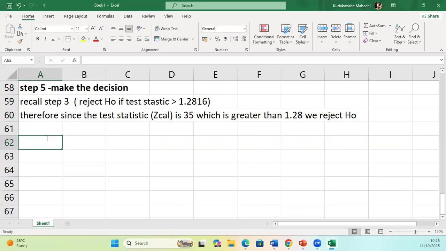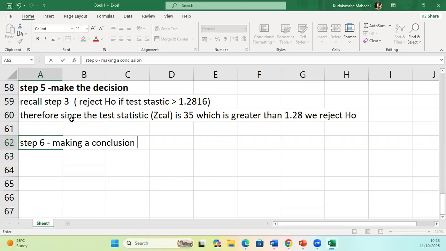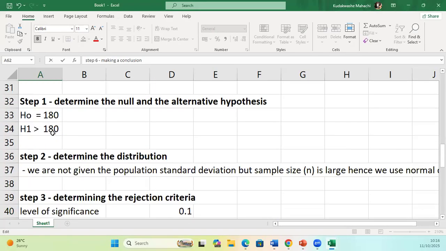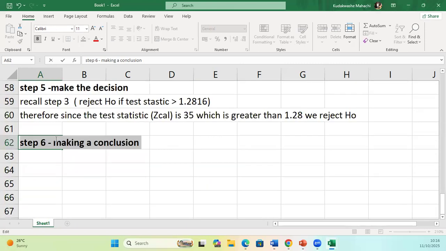So the last step, step number 6, is making a conclusion. Since we have rejected H naught, what conclusion can we make? If we have rejected H naught, the conclusion is that H1 is correct. So how do you write that?